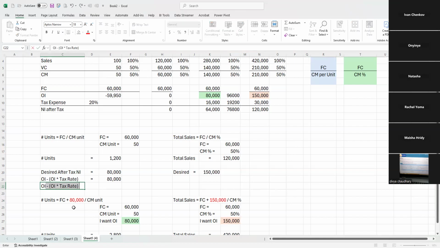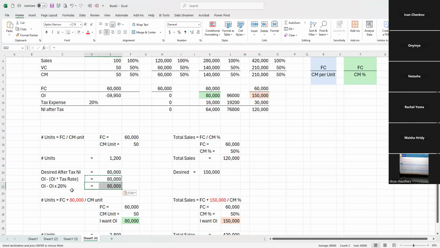I have operating income minus operating income times 0.20, or times 20%, correct? And that should be equal to 80,000. Make sense? Are you guys with me?